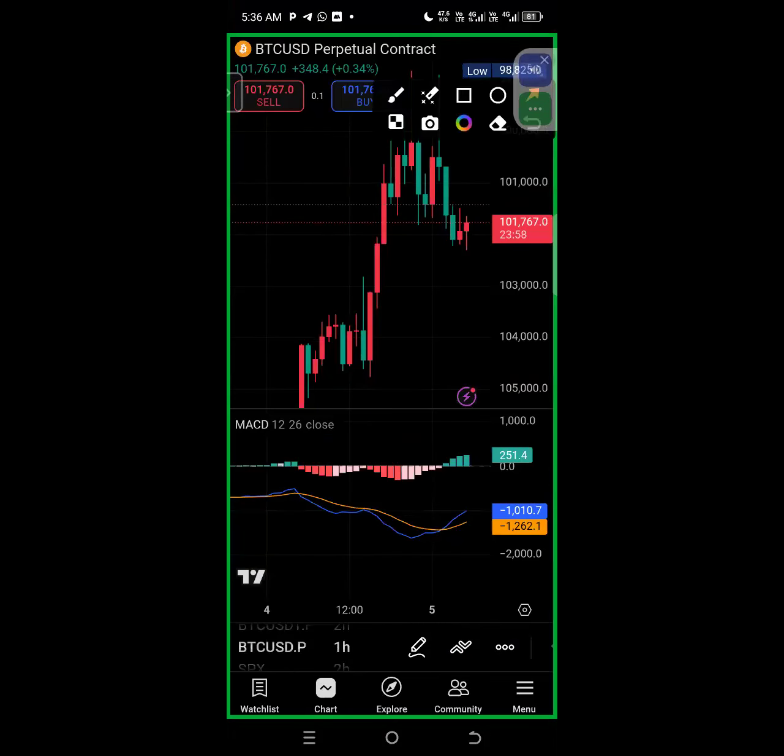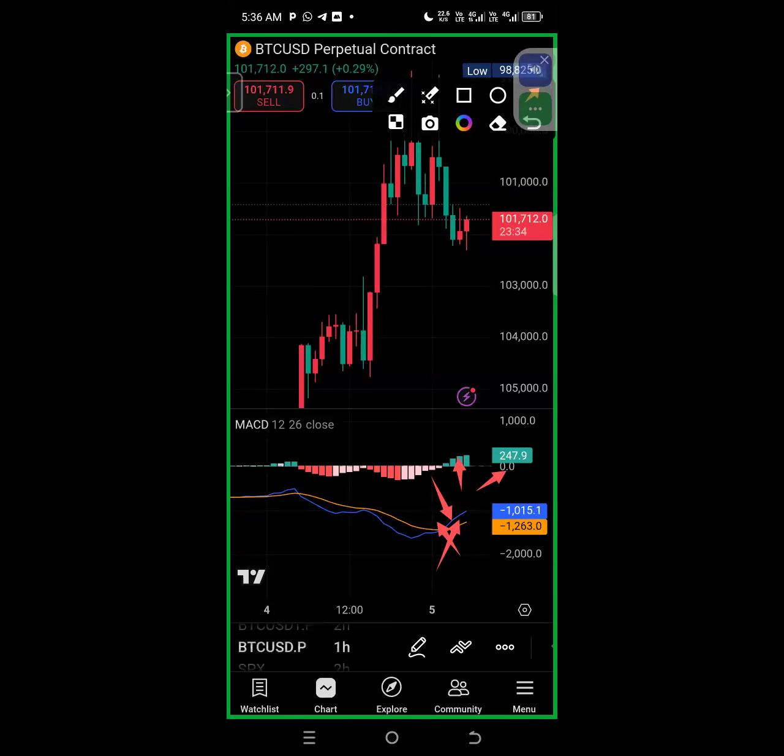This is the MACD line, right? This is the signal line. There has been a crossover here. So automatically it is bullish. This is the zero line, and then also this is the histogram, right?